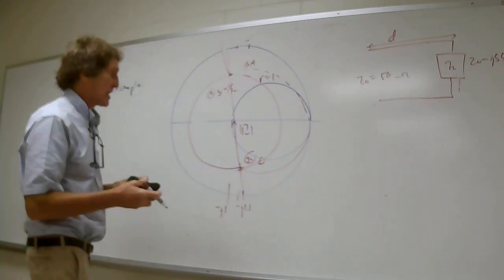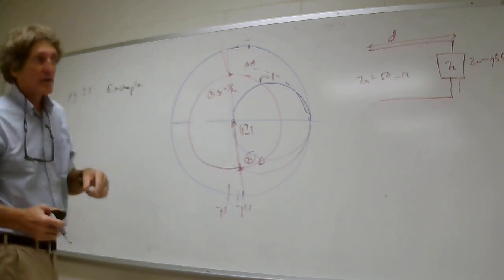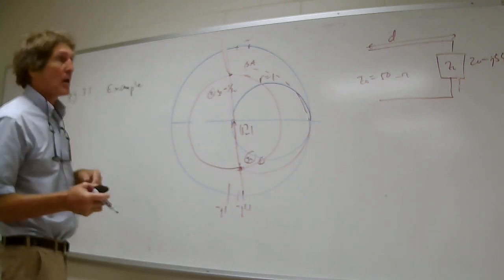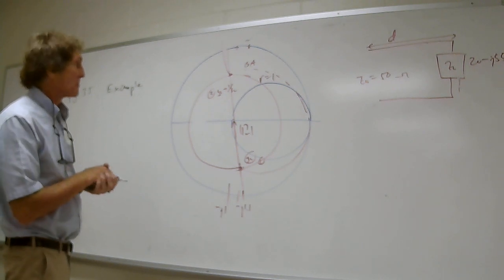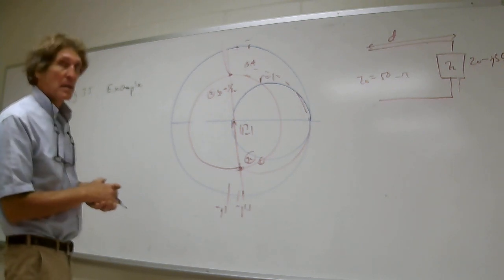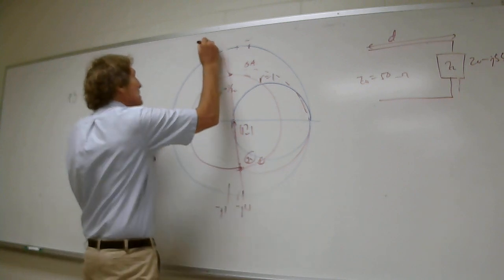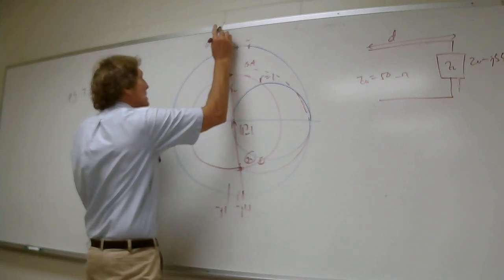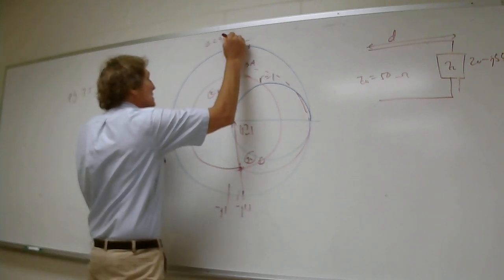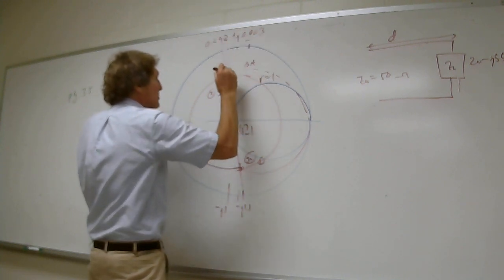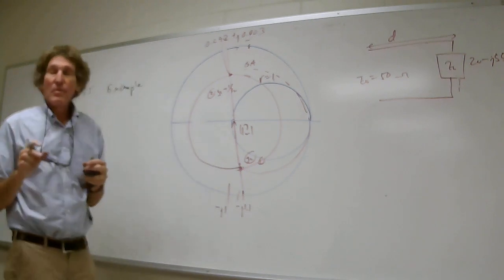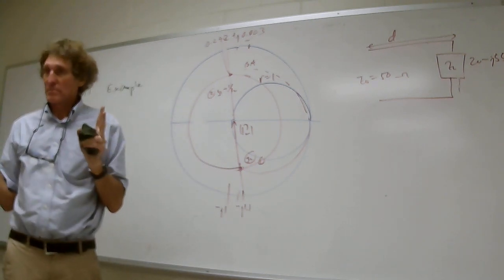Probably just take your calculator and take 1 over that. It's going to have a positive value for the real part, and a positive value for the j part. 0.292 plus j0.803. Okay, that's point 2, right? Remember, this is admittances. Got me, everyone?